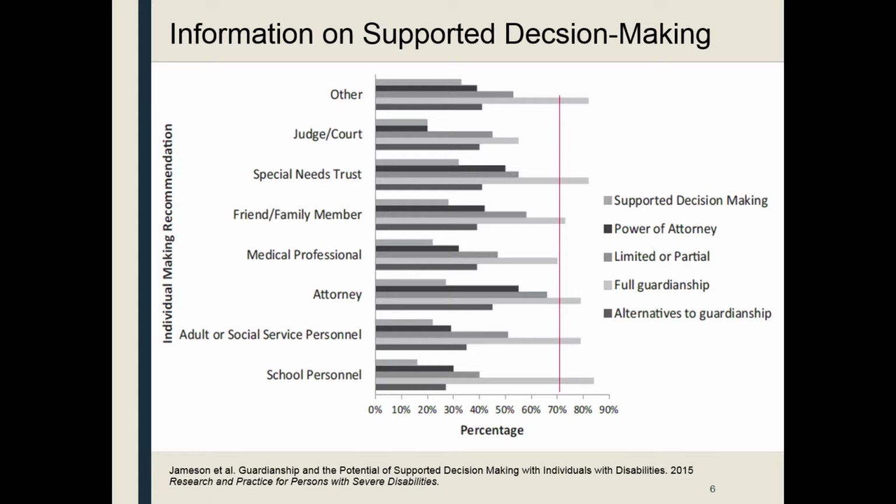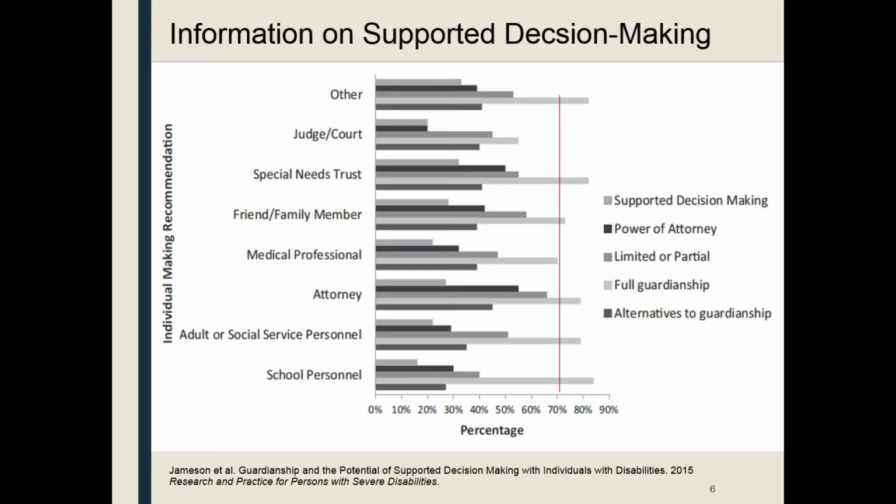So there's been a really strong reaction and a growing movement to explore a much greater range of decision-making supports than guardianship. At the same time, we know that families are getting information which is guiding them in that direction more often than any other decision-making option.